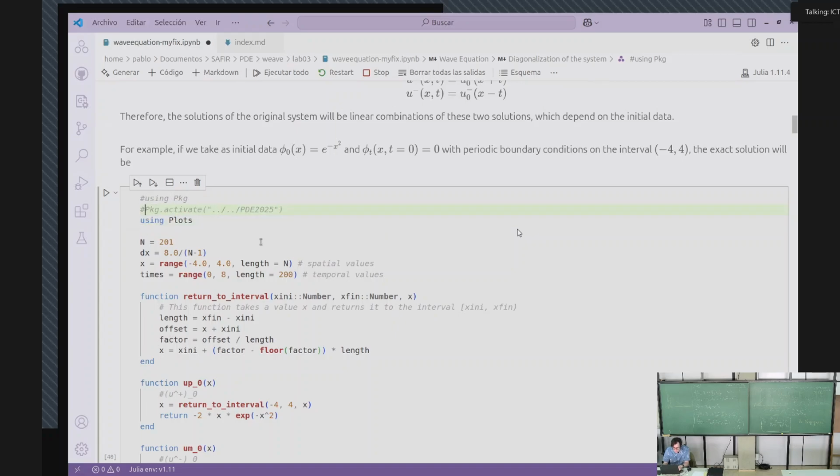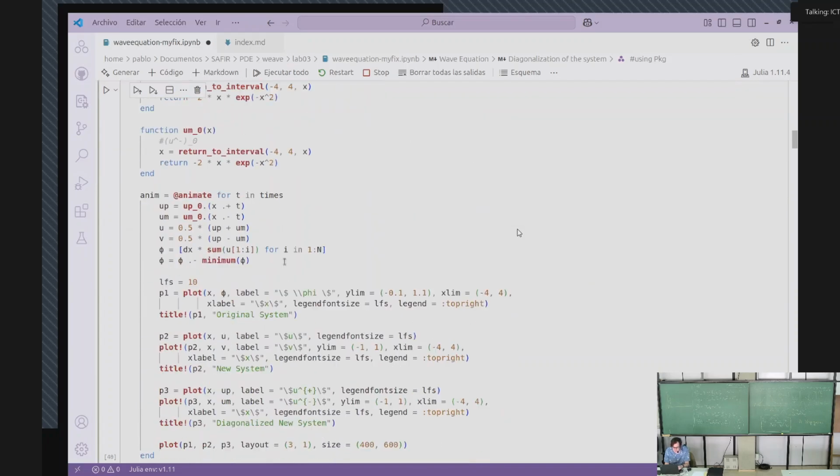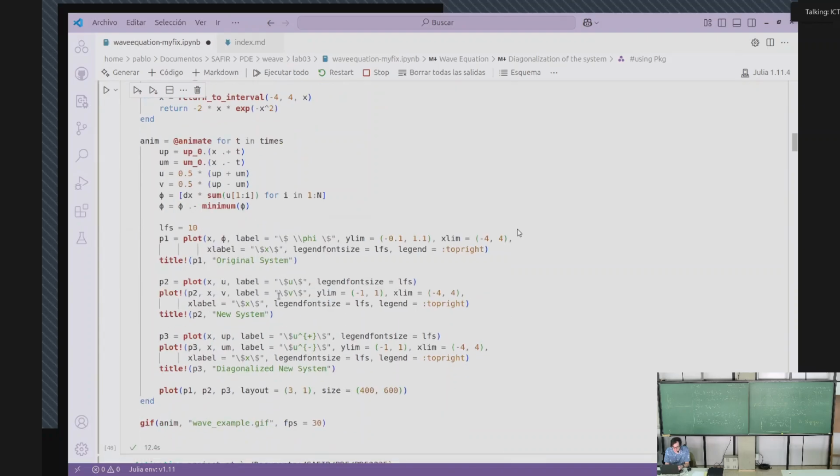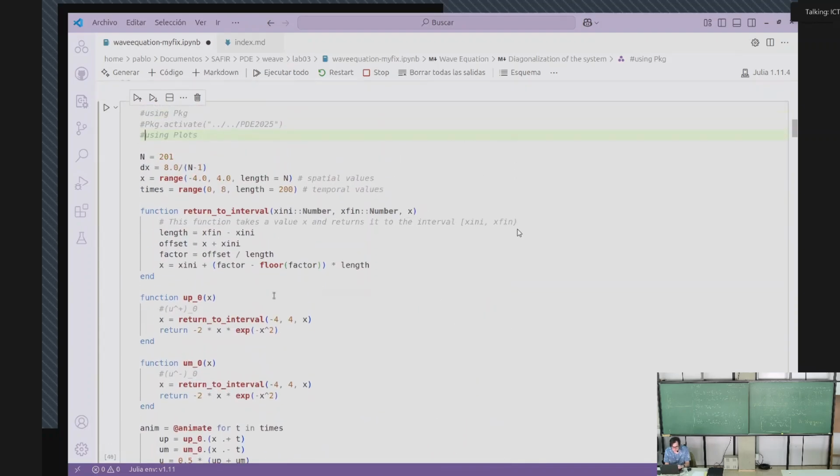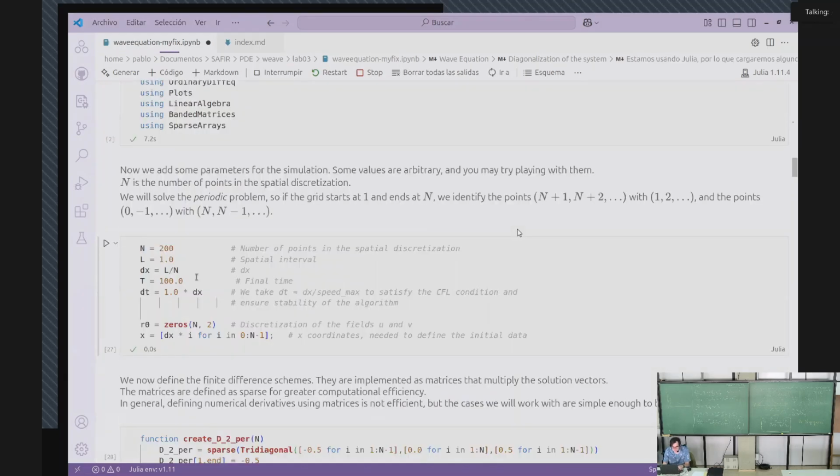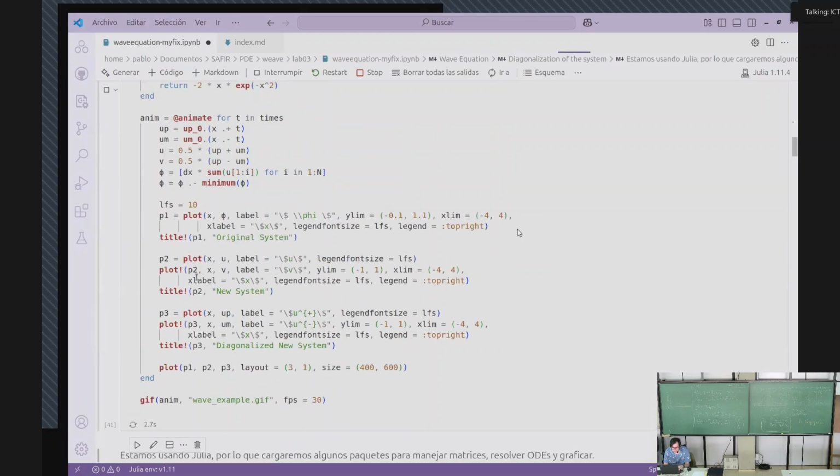This works better if you have the full folder. Okay, and here we are defining some initial data, which is this exponential function. And this is not a numerical solution, this is just an illustration of what's going on. This is a nice animation that we have made.